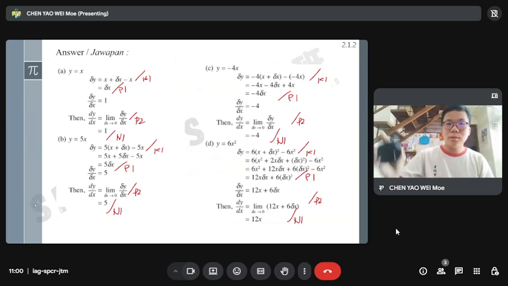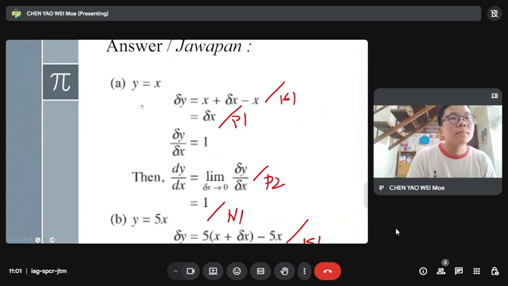But now my mouse is not working. I substitute y to become delta y. Here I put x plus delta x minus x, so I get delta x. Then delta y over delta x equals 1. So I can say that dy over dx is the limit of this, so I will get 1.